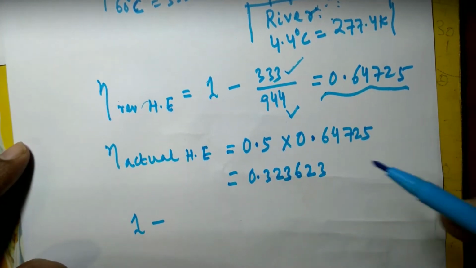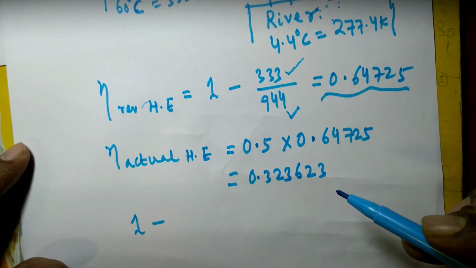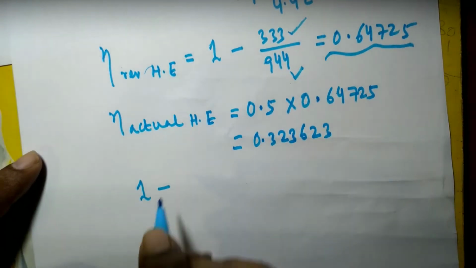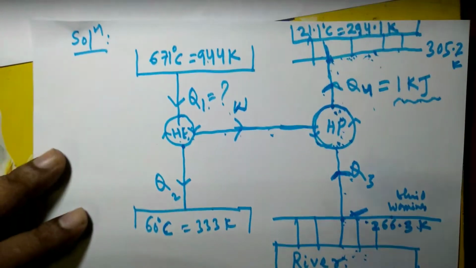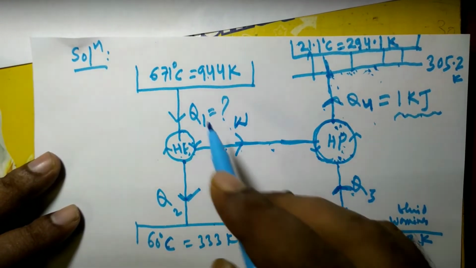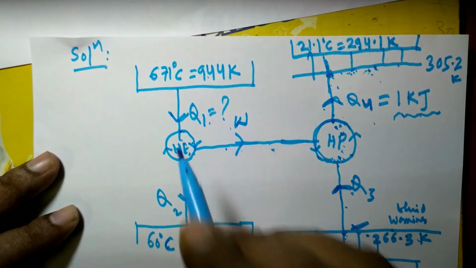But for any heat engine, be it reversible or irreversible, efficiency will be 1 minus heat rejected over heat supplied. In this case, heat rejected is Q2, and Q1 is the heat supplied to the heat engine.